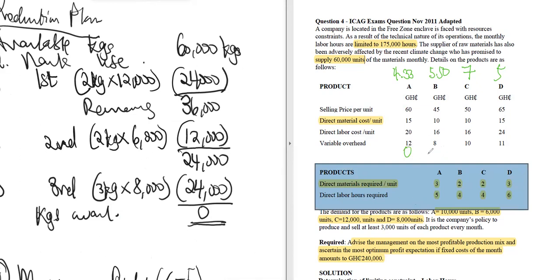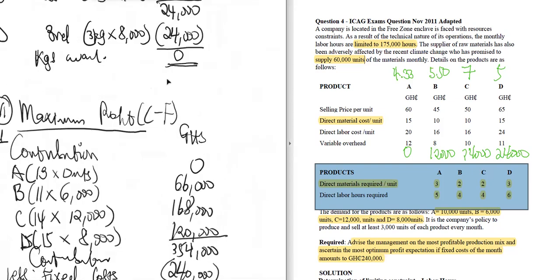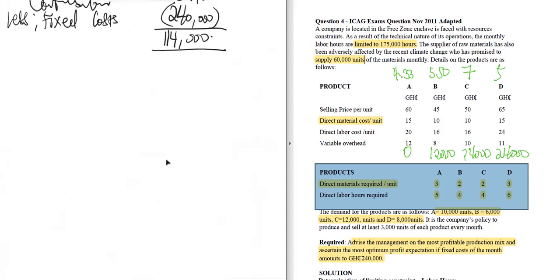Then when it comes to B, the hours that were required was 12,000 hours, for C 24,000 hours, and for D also 24,000 hours. So we've got this down. Now let's try to use it to get our profit. We can still use it to get the same maximum profit that we have here. So let's see.